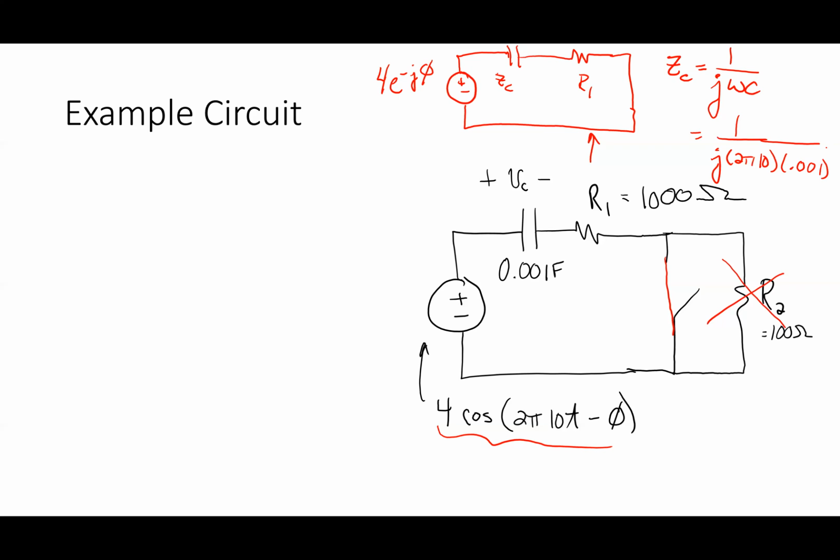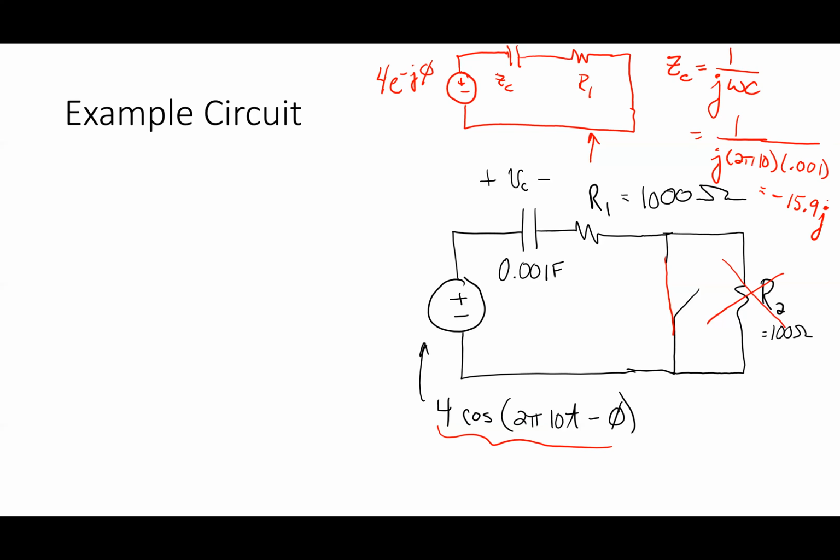All right, so you calculate that. And what did you say that comes out to? It came out to negative 15.9 j. Yeah. Okay. So what that says is the impedance has a magnitude of 15.9 and an angle of what?